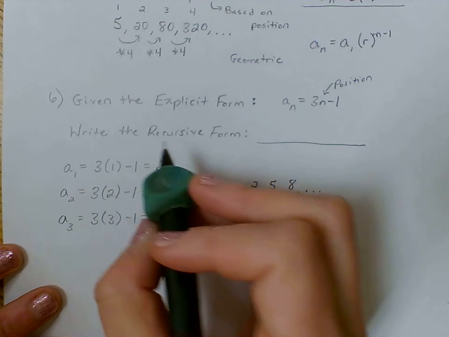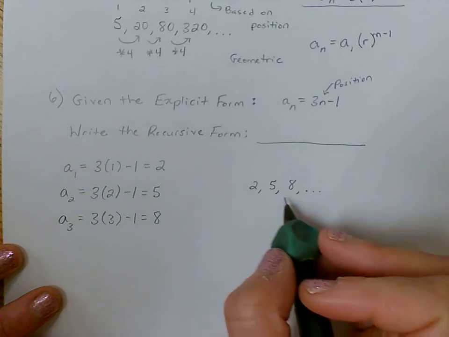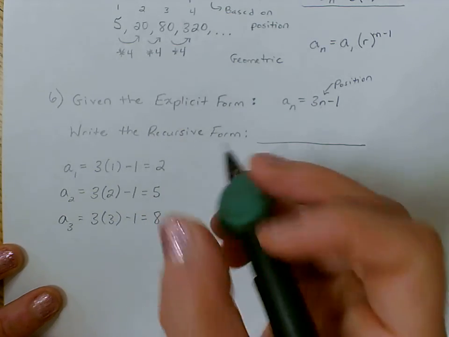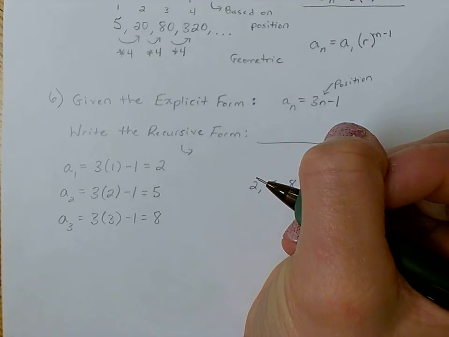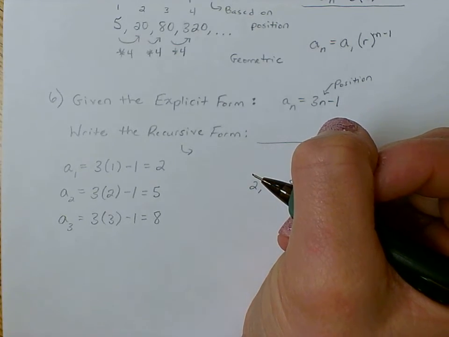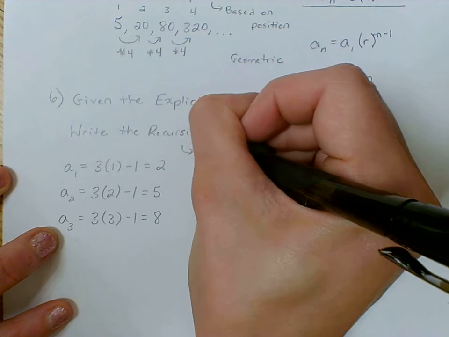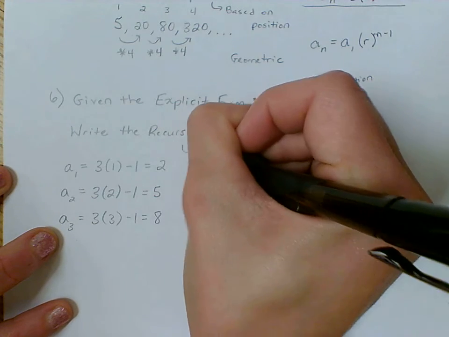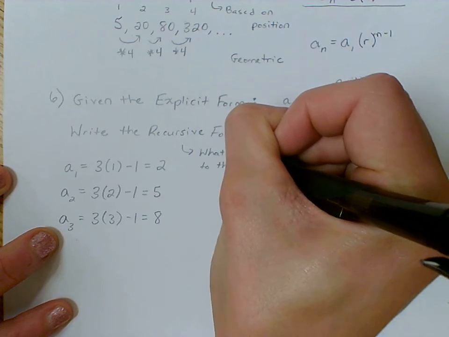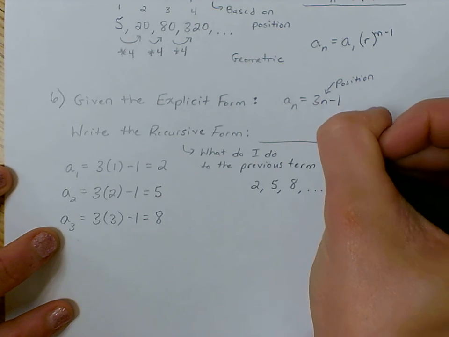So now, the recursive form, you're going to look at this and you're going to find what the recursive form is. So remember, recursive, it's telling what to do to the previous term to get the next term. So what do I do to the previous term to get the next term?